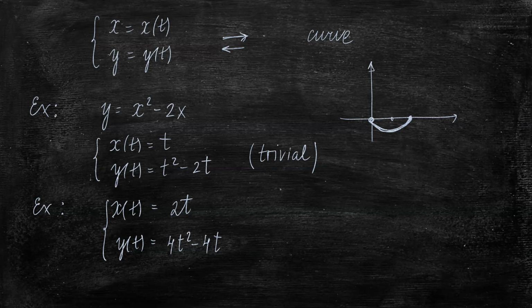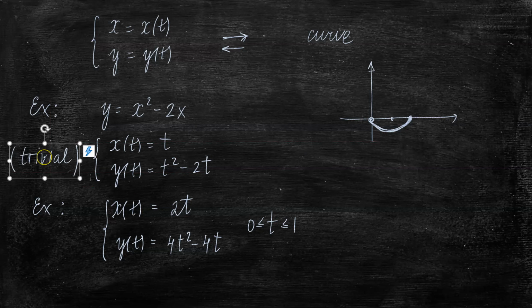And what's going to be different here is the parameter and the constraint on the parameter. So in this case, t will be ranging from 0 to 1, while here in this trivial parametrization, t is ranging from 0 to 2.